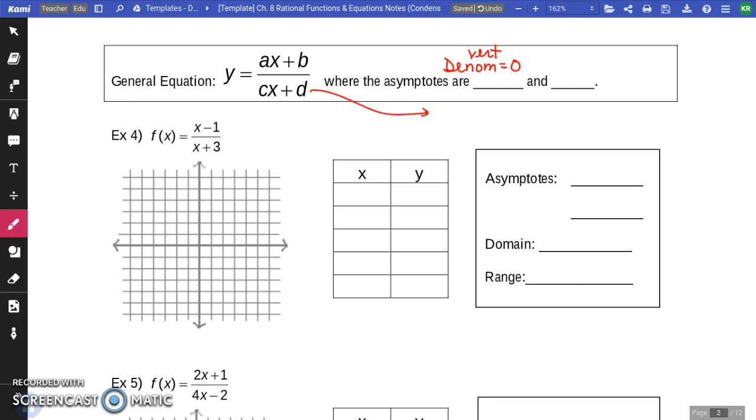So when you do that with this denominator, move the d over and divide by c. Okay, so your vertical asymptote becomes x equals negative d over c.